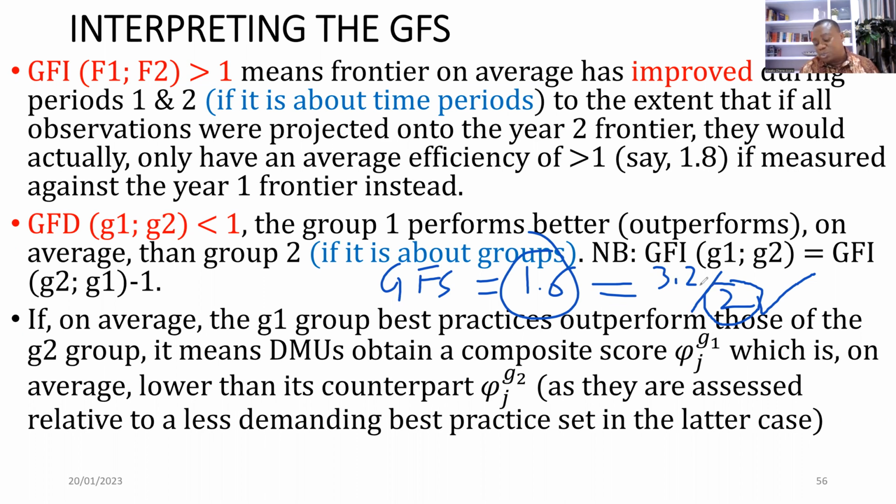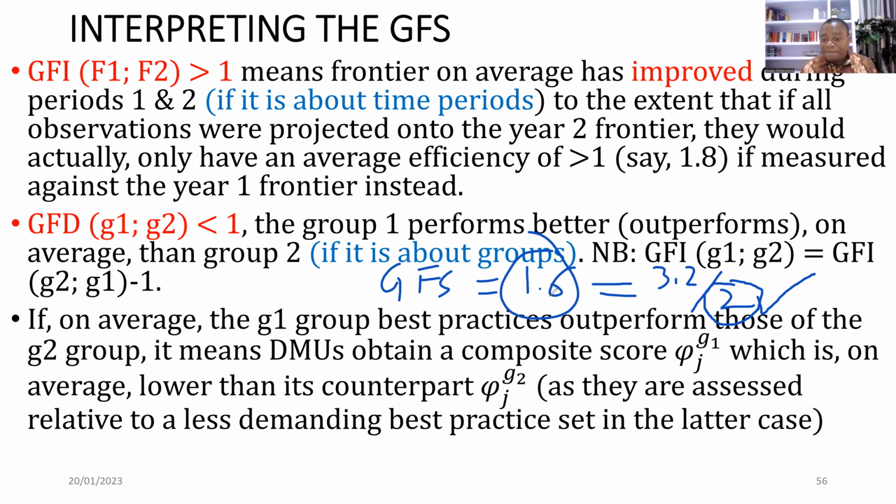So from this 3.2 and the 2, you said that the speech is going to be in favor of the denominator. So if it is going to be in favor of the denominator, then you are going to say that there is a 60% improvement, and that 60% improvement is in favor of the denominator.